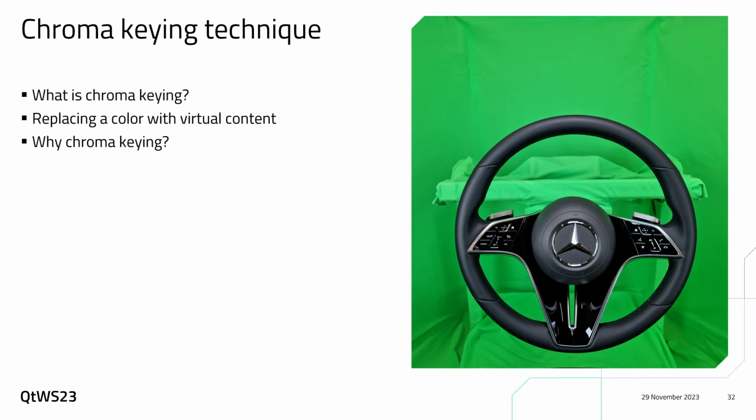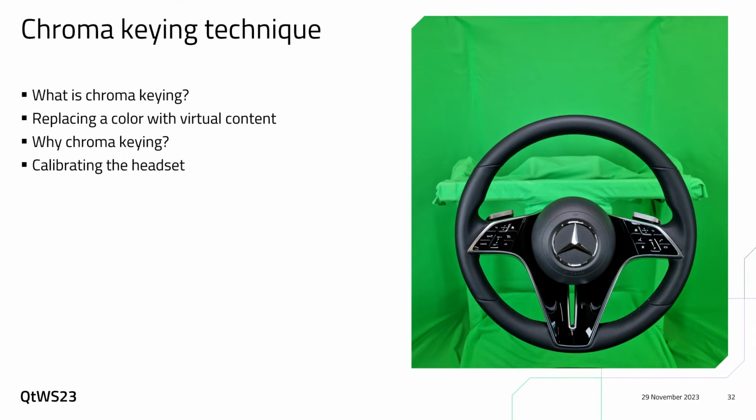Because we have tried other solutions for achieving a similar effect, like depth occlusion using LiDAR sensors. However, we didn't get the same high quality nor fidelity. But here is the catch. Using chroma keying in an XR project isn't a walk in the park.